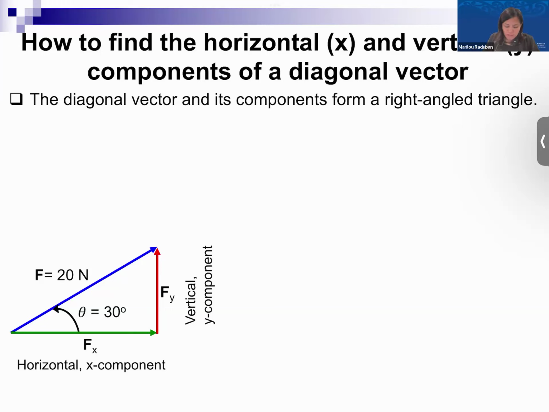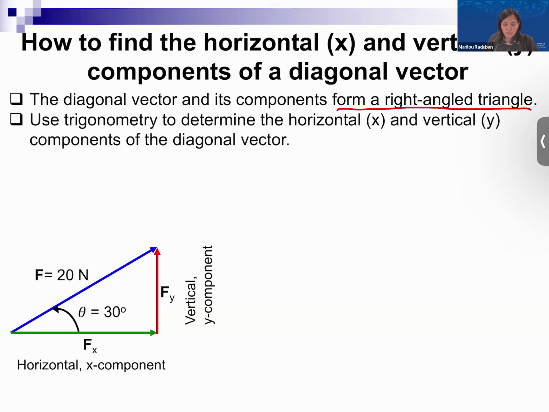As I mentioned, the diagonal vector, along with its horizontal and vertical components, will always form a right-angled triangle. Okay? And that allows us to use trigonometry to determine the horizontal and vertical components of the diagonal vector.